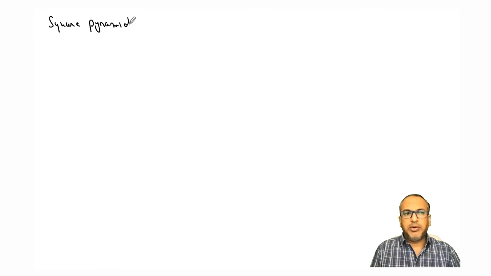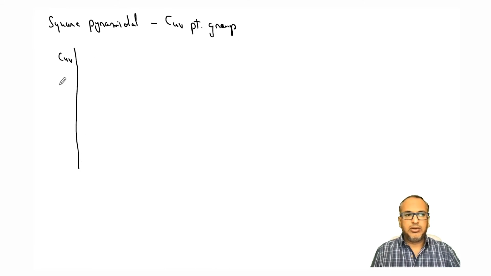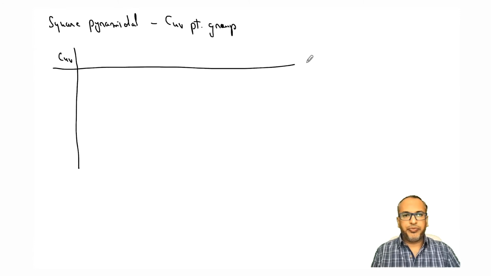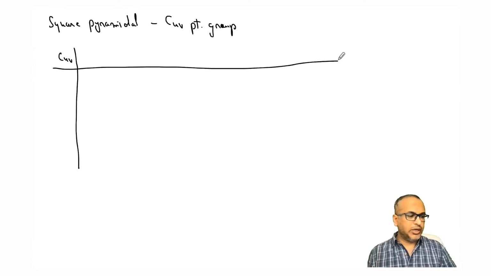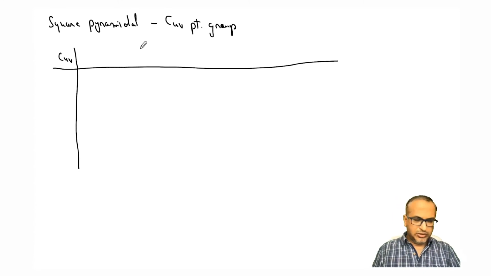So square pyramidal is C4v point group. So again, for the C4v point group, we need to first write down the character table and then look at the basis sets. I suppose this should be easy, but let's just do it for completeness.